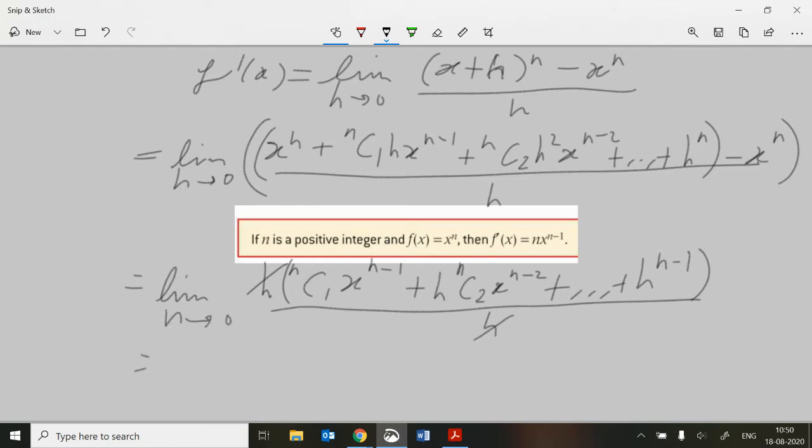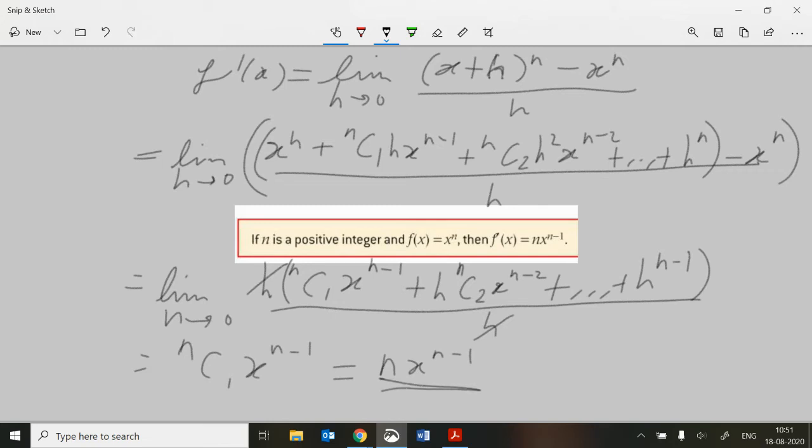Well, you can see that as h tends to 0, all of these terms are going to become 0 because we've got 0 times something. And so we're getting nC1 x to the n minus 1, and nC1 is just n, of course. So there's n x to the n minus 1, and we're done. The proof of this rule is actually pretty straightforward because you just need to use binomial expansion with x plus h to the power of n.